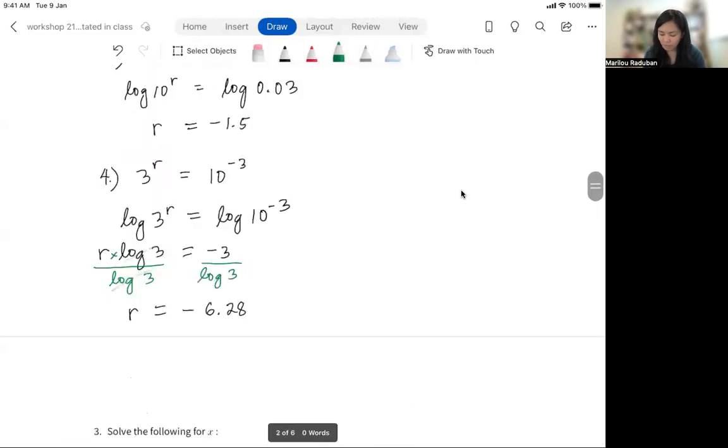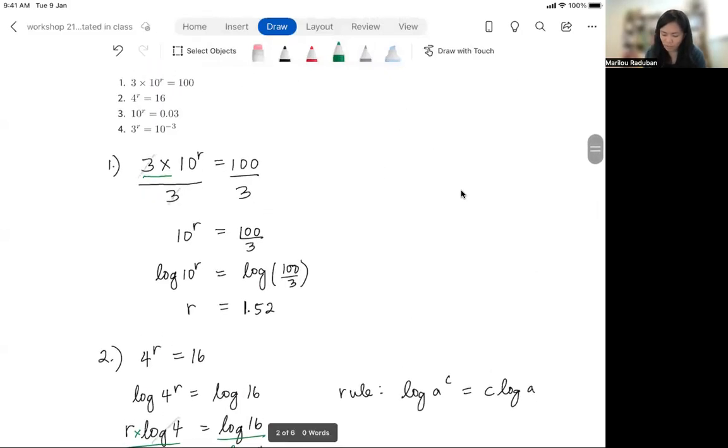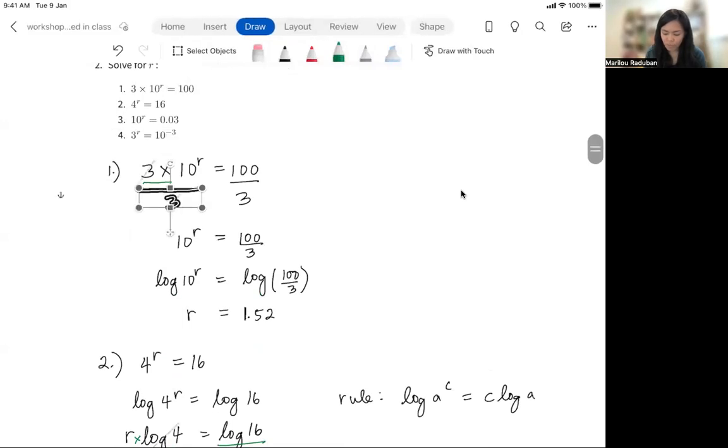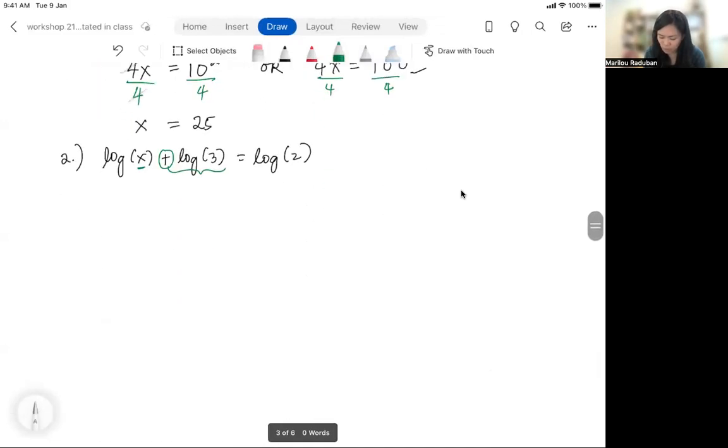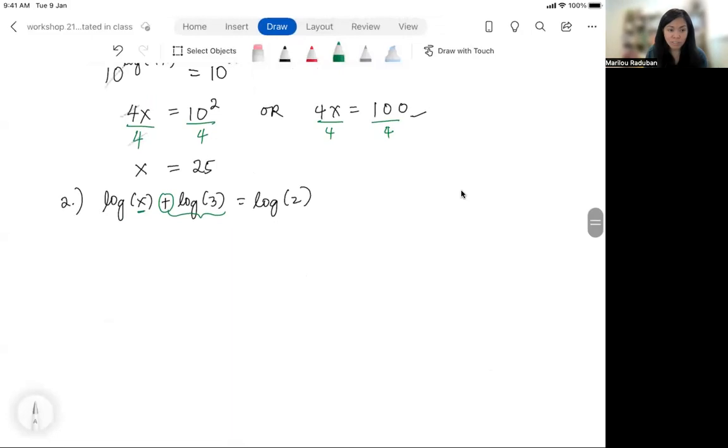Like what we did in the first part, we had to get rid of 3 before we took the log of base 10 exponent r. So it's the same thing with logs. Before you can get rid of this log by getting the base 10, you have to have that log x by itself.